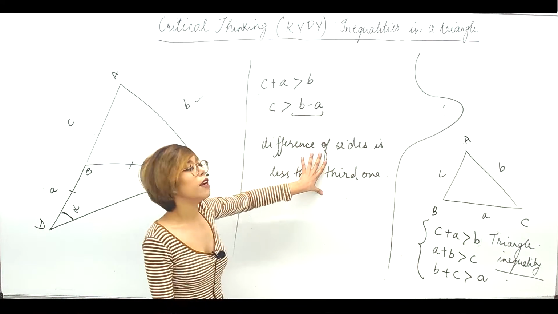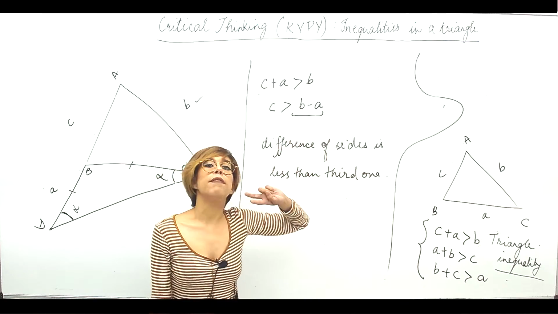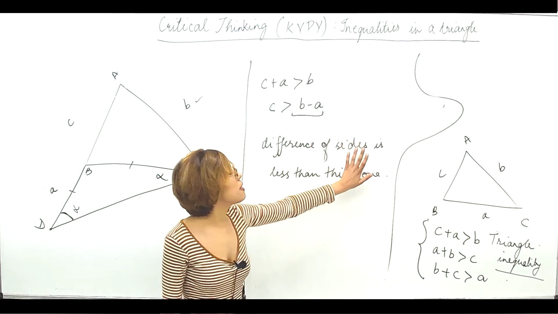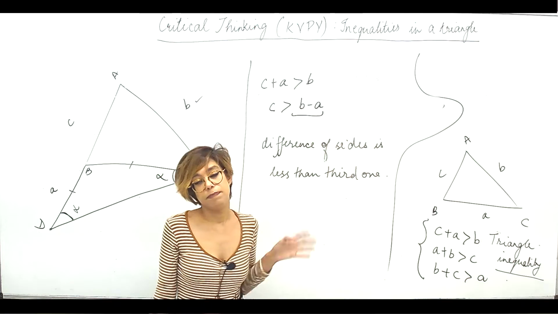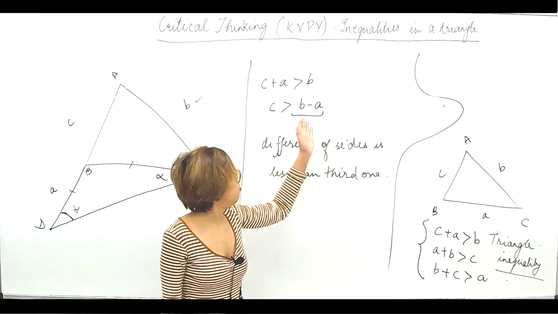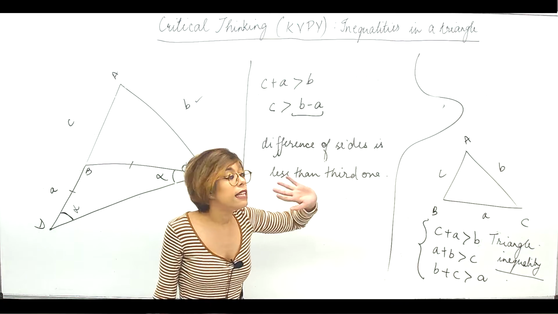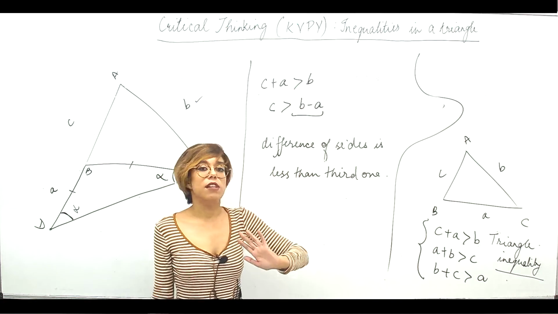This is also the way of writing it. Either you can say that the sum of any two sides is greater than the third one, or you can say that the difference of sides should be less than the third one. Right? Both are, as you can see, the same. It's just a way of writing. These are very important results.